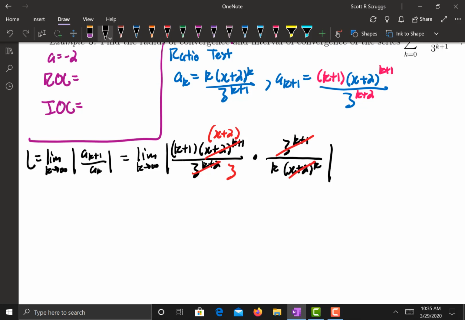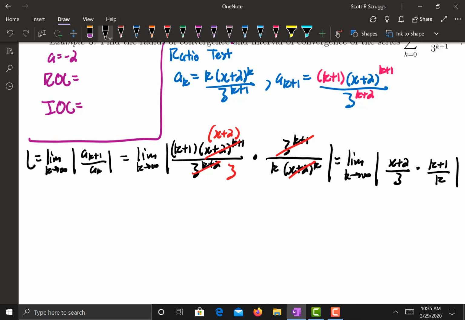That means I now have the limit as k goes to infinity of, let's move everything that does not have a k over here, so that means absolute value of (x plus 2) over 3 times (k plus 1) over k.